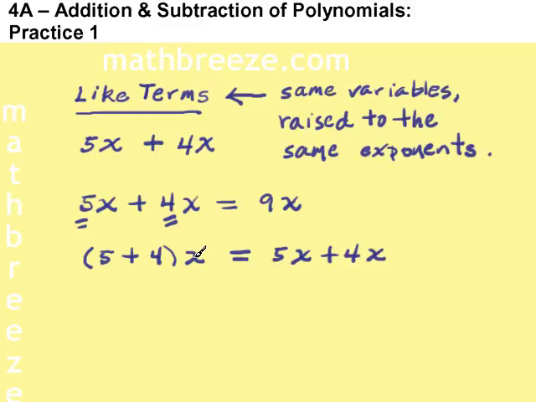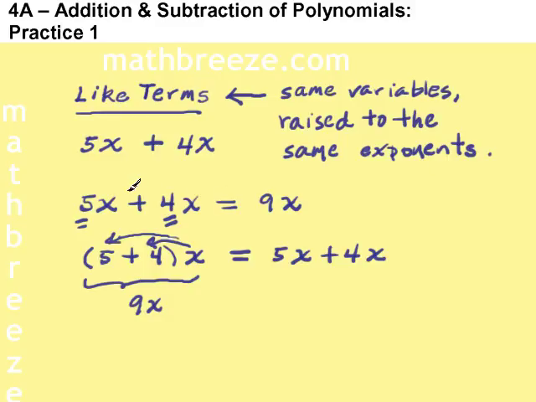Because if we multiply through using the distributive law, we would get what we have on the right of the equal sign. We would get 5x plus 4x. And another way of writing 5x plus 4x, well, we can just add the 5 plus 4, and that's 9x. So from the distributive law, we see that the correct way of combining 5x plus 4x is to add the coefficients in front.